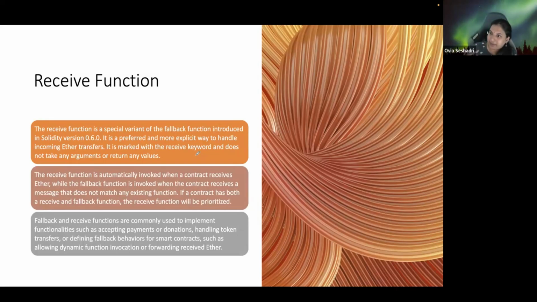So basically a payable fallback function is a receive function. It's better to write them separately, and this is a concept that was introduced later in Solidity. If you have a value field in the function and there is only a fallback function and no receive function, then it'll throw an error. So better you write a fallback and a receive function. So let us see this in an example.